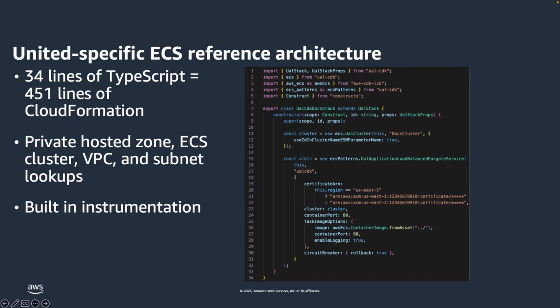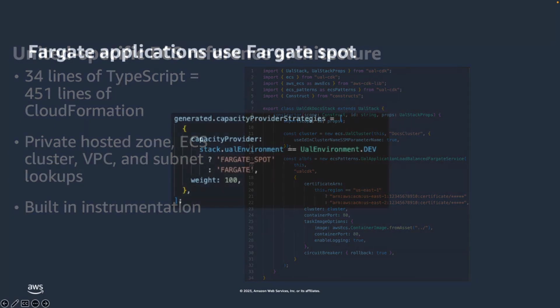So United implemented a system where lookups within the constructs allow service teams to easily deploy ECS applications without having to determine or hard code VPC values into their IaC templates. This example of extending and building upon Amazon's provided constructs allows United app teams to operate more autonomously and innovate faster.